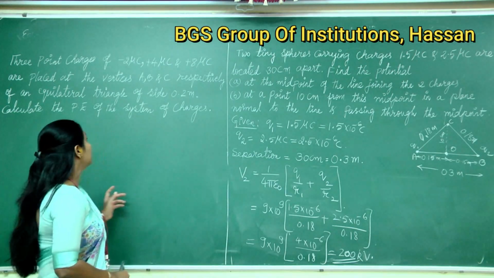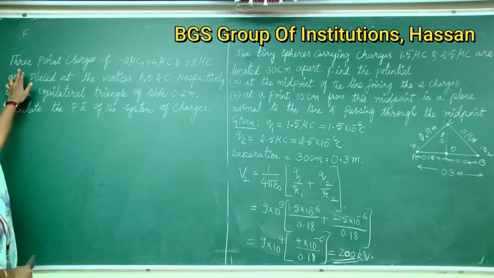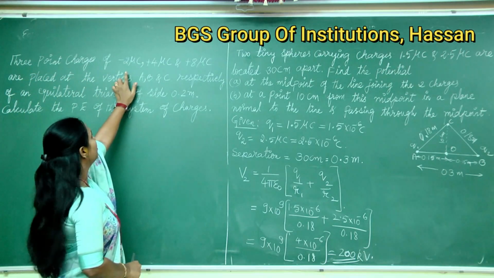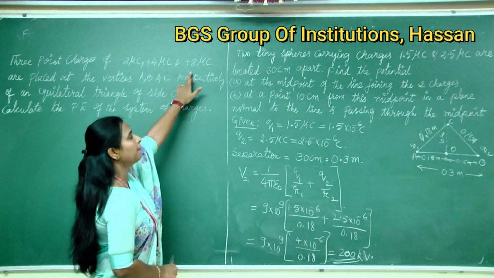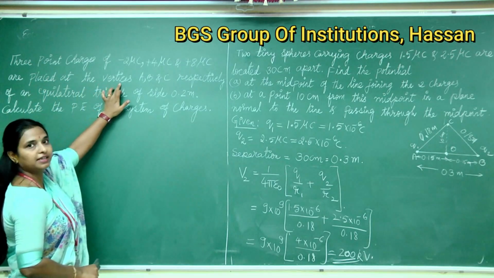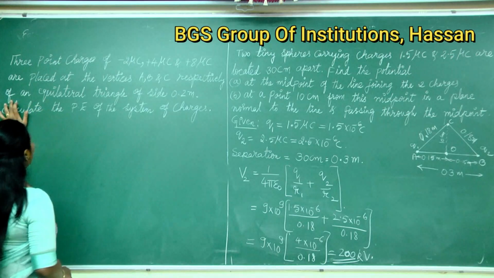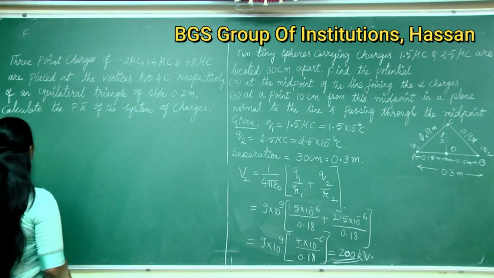Let me start with the second problem, and the problem is 3-point charges of minus 2 microcoulomb, plus 4 microcoulomb and plus 8 microcoulomb are placed at the vertices A, B and C respectively of an equilateral triangle of side 0.2 meter.